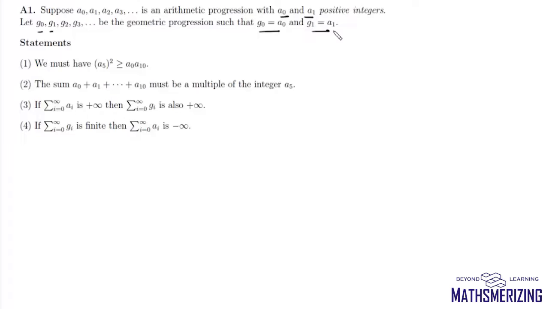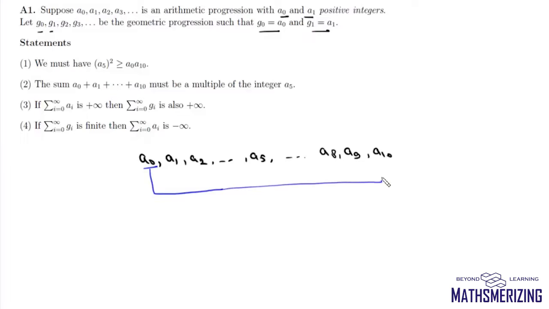Now, if we look at this arithmetic progression, then the terms are A0, A1, A2, A5, and then we have A8, A9, and A10. And we know that in an AP, the arithmetic mean of the rth term from the beginning and the rth term from the end is equal to its middle term if it has an odd number of terms.